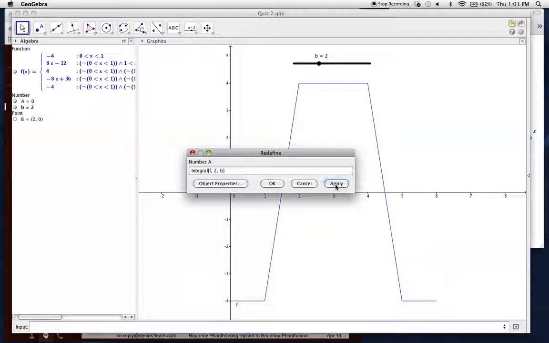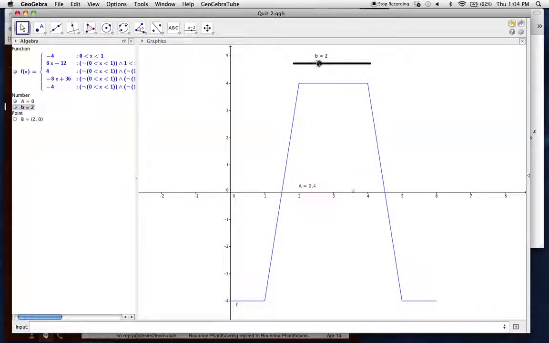So let's see what happens. I'll just press OK. So now our integral is starting at x equals 2, and as our b slider progresses to greater values than 2, notice that you see this area, because the function f is positive, this area that's being accumulated is also going to be positive.